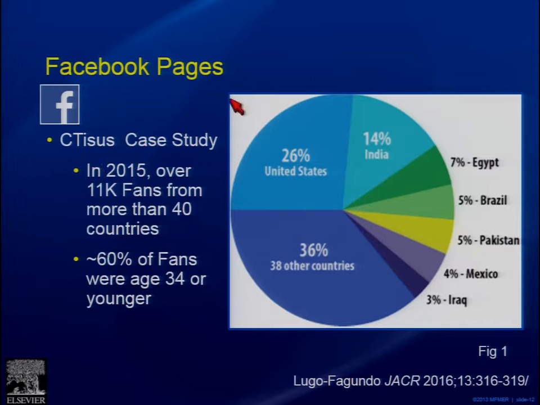As he mentioned, only a quarter of the fans to his Facebook page come from the United States. The rest come from all over the world. The vast majority of fans were less than 34 years of age. So really, if you want to attract a younger audience, this is the place that you need to be.